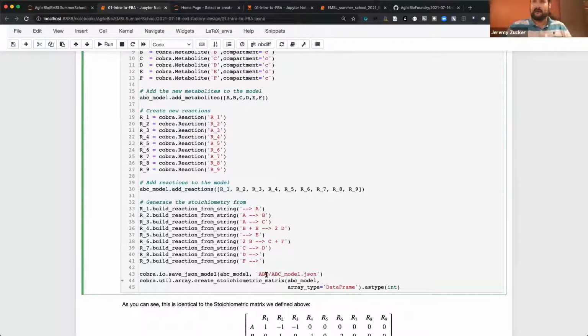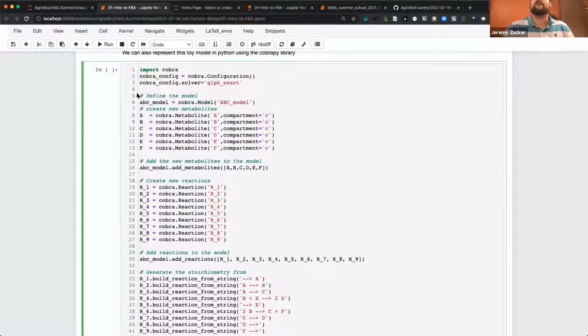And I don't know if you have ever seen a Jupyter Notebook before, but you can click this run. As you notice, this cell here is outlined blue right now, which means it's in execute mode, versus command mode.